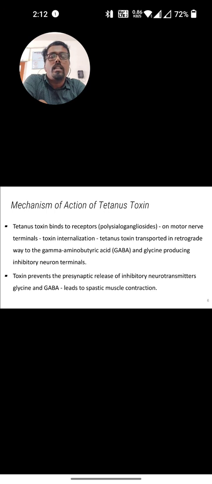After that, the tetanus toxin will be transported in a retrograde way to the GABA, that is gamma aminobutyric acid, and glycine producing inhibitory neuron terminals. This toxin prevents the presynaptic release of inhibitory neurotransmitters, glycine and GABA, which leads to the spastic muscle contraction that is characteristic of tetanus.